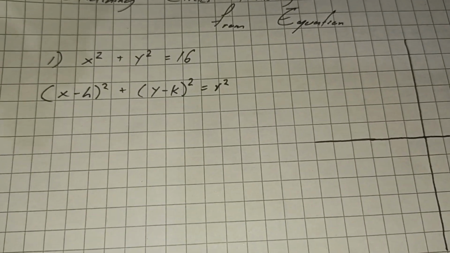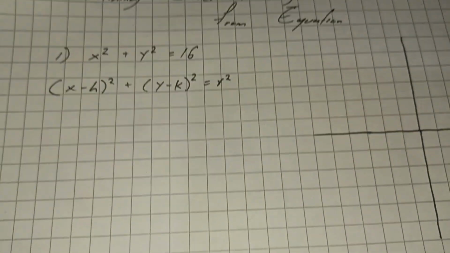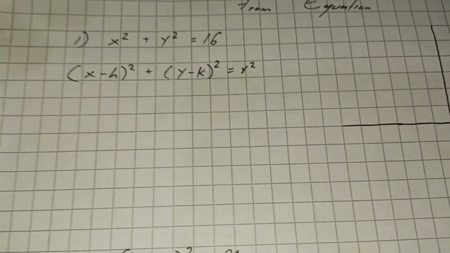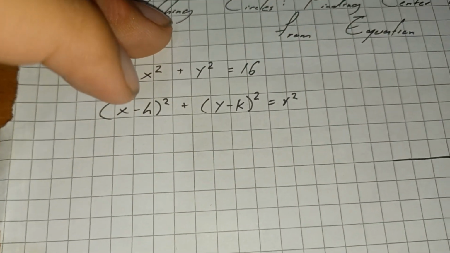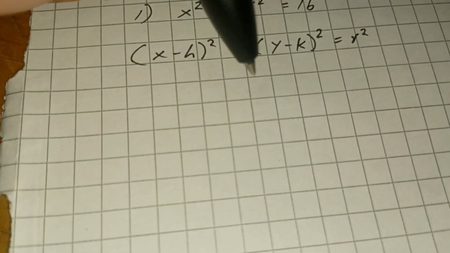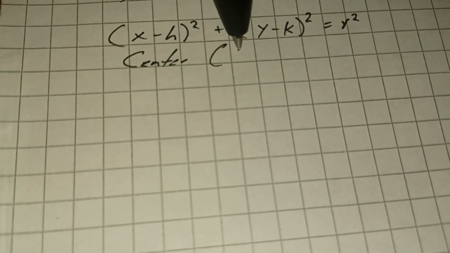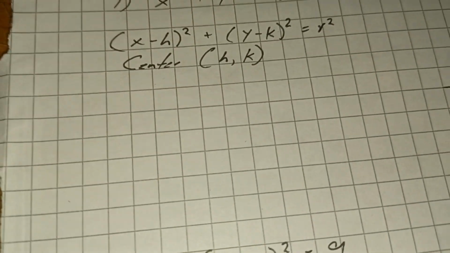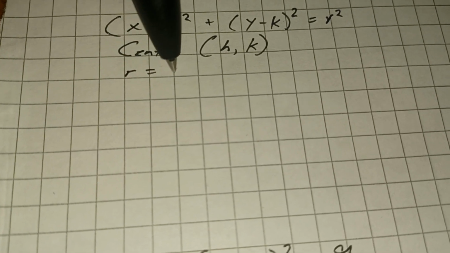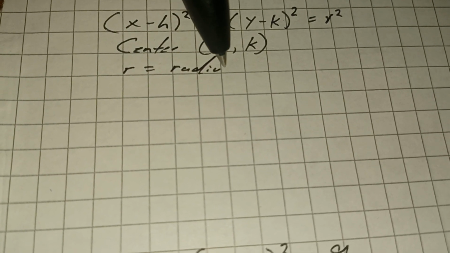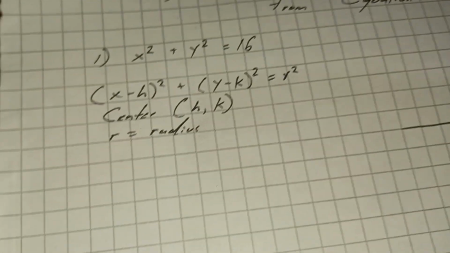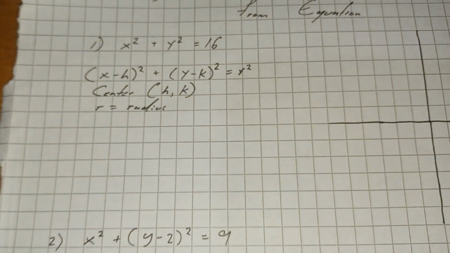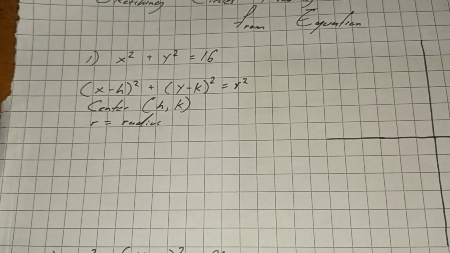R is the radius, r squared is the radius squared. H and K are basically the center, the coordinates of h and k. And obviously we have the radius, r equals radius.